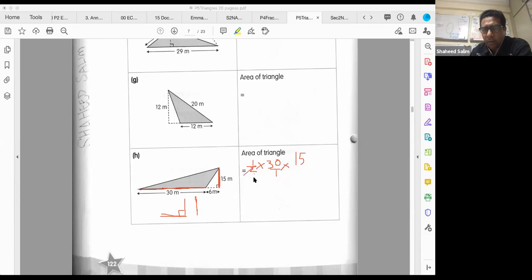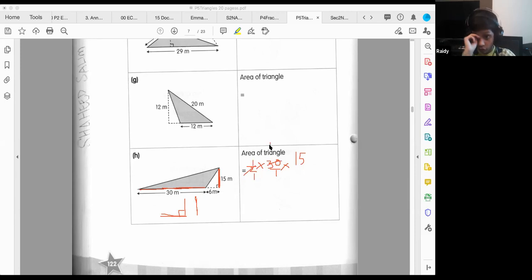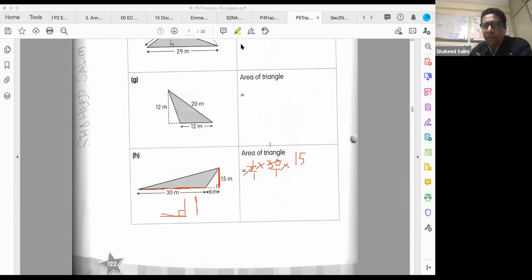You divide, 30 divided by 2, you get 15. So now you must get 15 times 15. So what is 15 times 15? 15 times 15 is... Wait, let me do my equation.